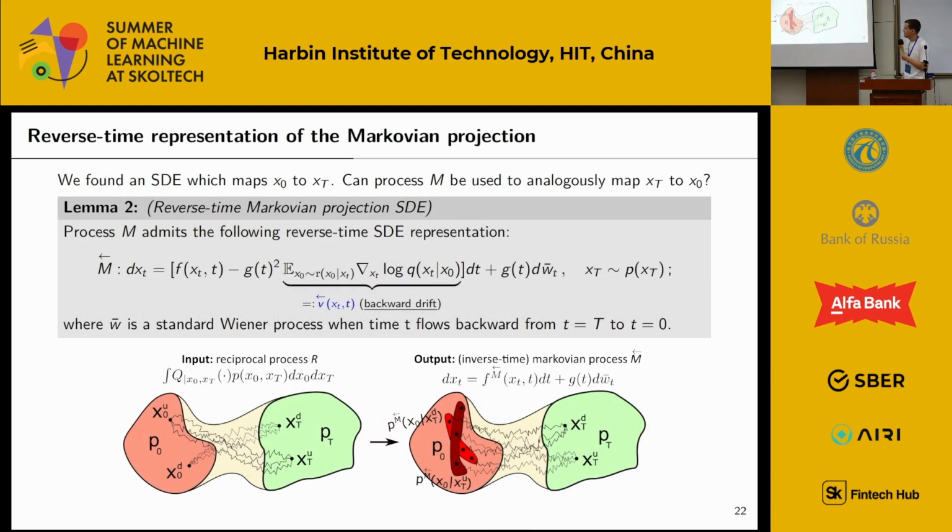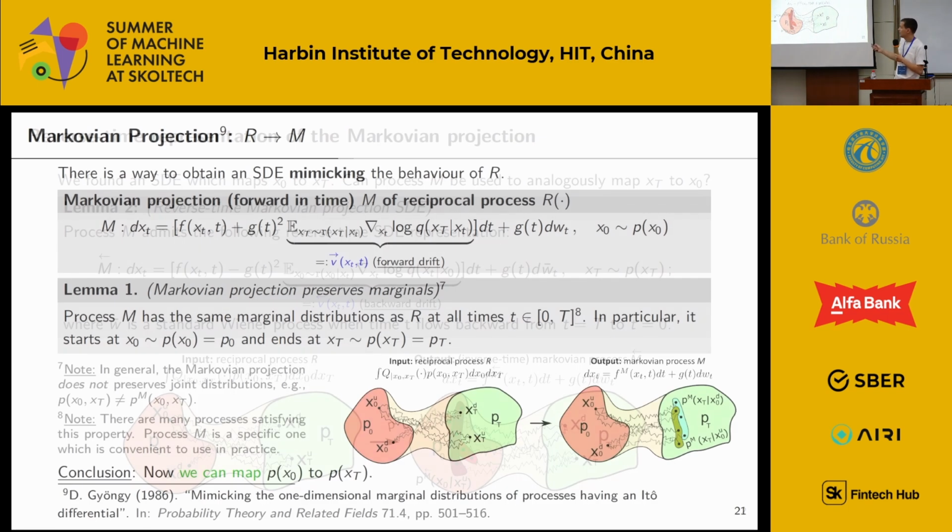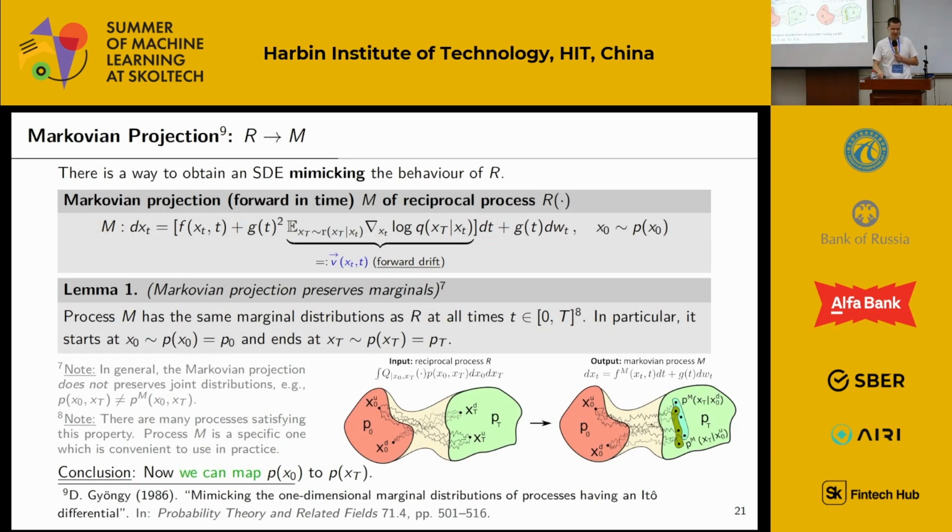But one important aspect is that just like in flow matching, this unknown drift can be recovered by solving a certain regression problem, which is a little bit more complex than in flow matching, but with completely the same analogy. We'll discuss it in two slides.